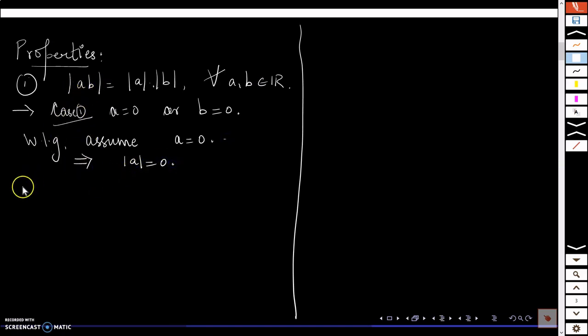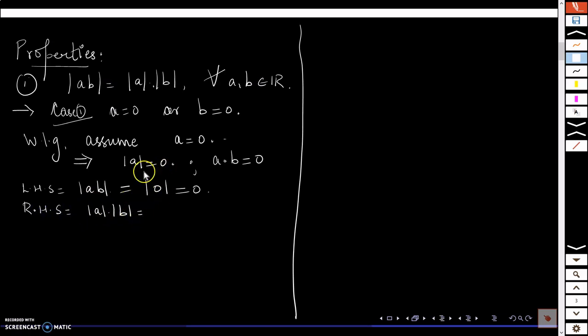So what will be the left hand side now? That is modulus of ab. Also from here, because a is 0, a into b is going to be 0 no matter what b is. So absolute value of ab, that will be absolute value of 0, and that is 0. So left hand side is 0. In the same way, what is right hand side? Right hand side is modulus of a into modulus of b. But modulus of a is 0.